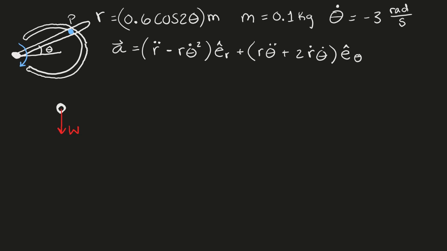Which direction the normal force is, I'm not sure, nor does it really matter. It will get sorted out just by solving this problem. But it does appear that it is horizontal. So I'll draw that to be the normal, just like that. Any other forces? Any other forces?